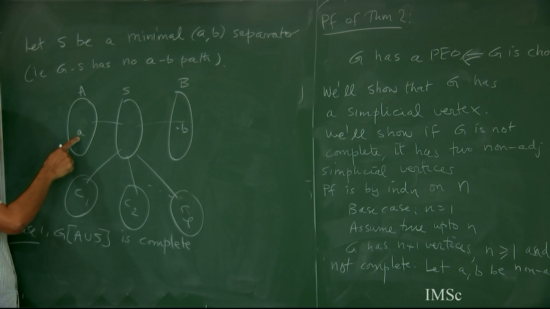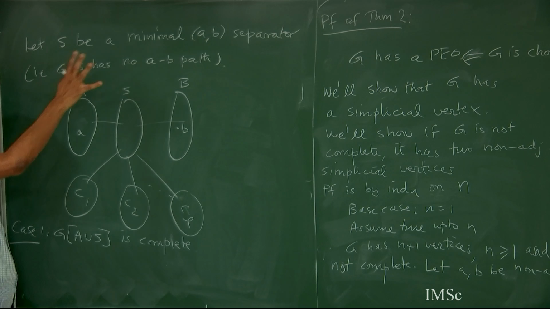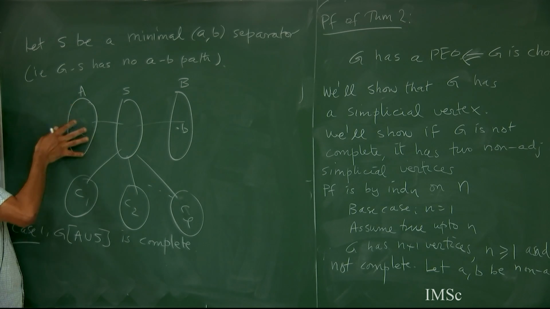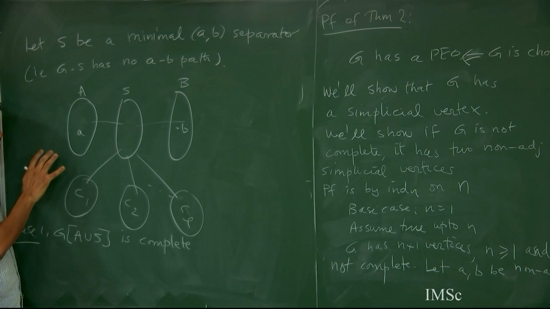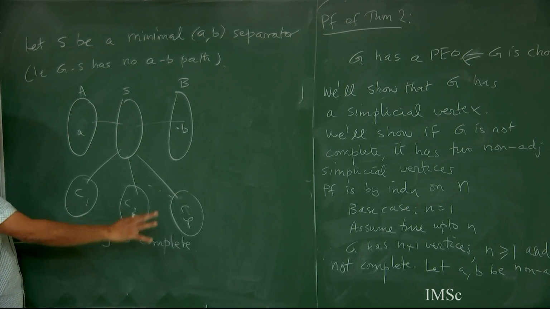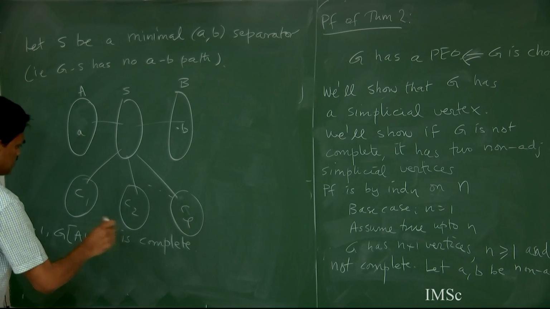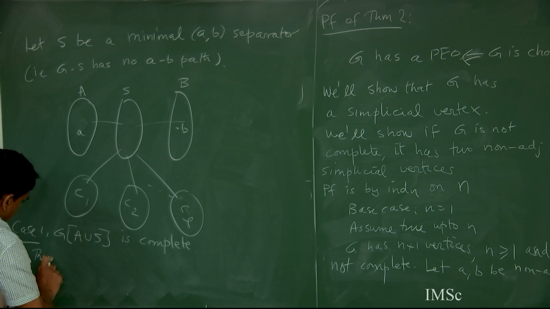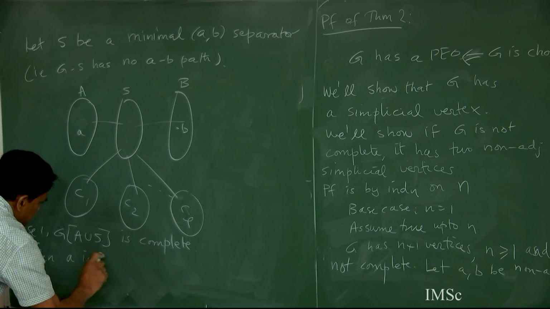In particular, A is simplicial in this graph, which also means that A is simplicial in the whole graph. Why? Because A's neighbors are only in A or S, because once you delete S, you have multiple component pieces.